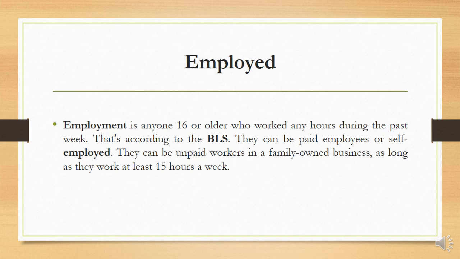Simply, we can say that a person is employed if he or she works part-time or full-time in the last week, or does his or her own business, or does unpaid work in the family business, according to the Bureau of Labor Statistics.